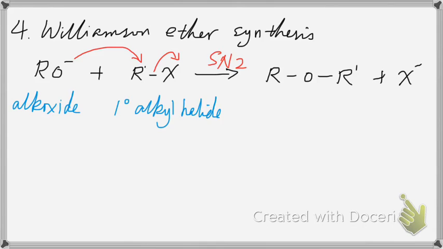And that's the reason why we need a primary alkyl halide, because alkoxide is a strong base. Under this condition, elimination may compete. So a tertiary or secondary alkyl halide won't work, only primary alkyl halide.